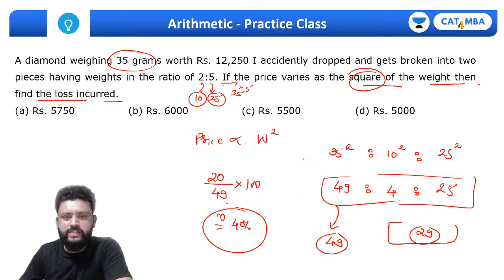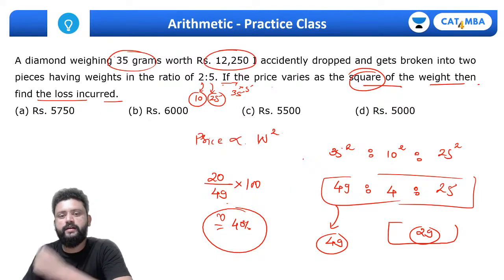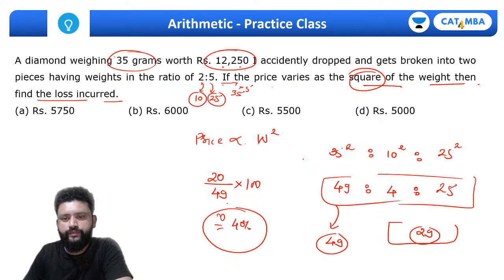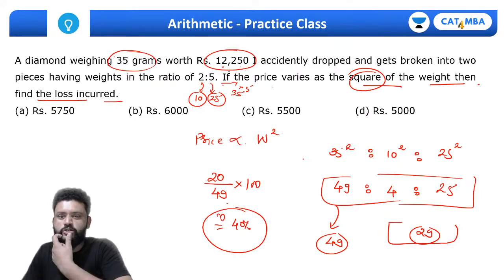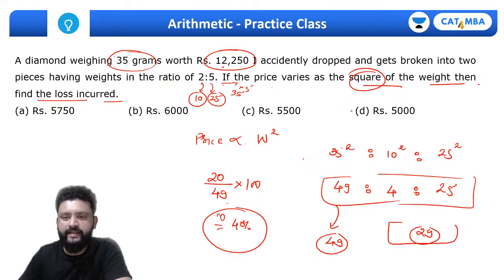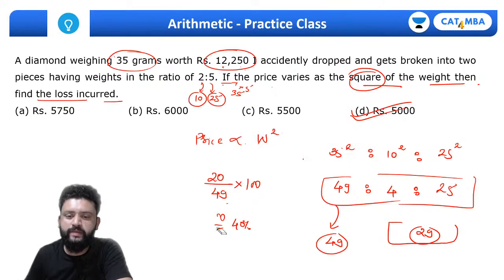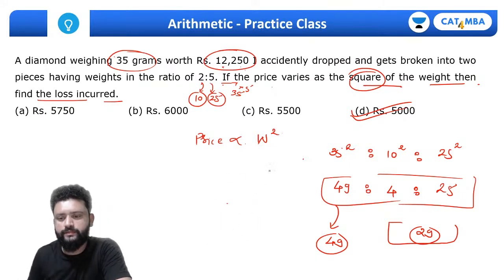So the lost income must be close to 40%, and 10% is 1225. That has to be close to 5000, right? Perfectly fine, that's the correct answer. That's just the approximation. Even if you solve it directly, you can get that.